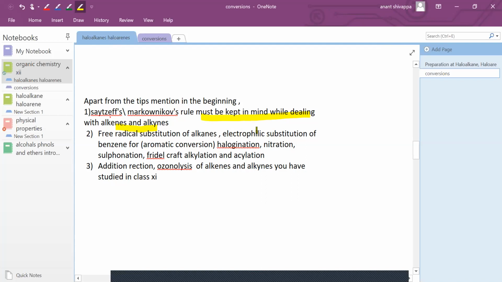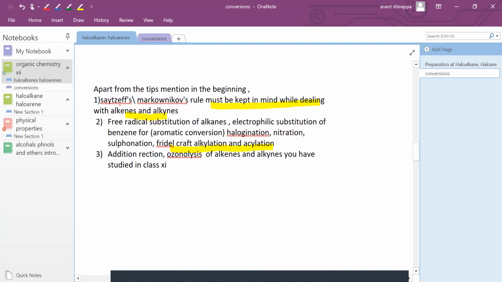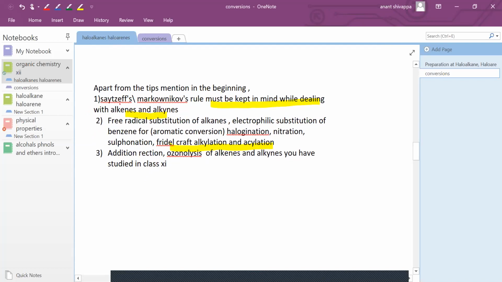If aromatic conversions are asked, then you know electrophilic substitution like halogenation, nitration, sulfonation, Friedel-Crafts alkylation and acylation, etc. And third, addition reactions of alkenes and alkynes, ozonolysis of alkenes and alkynes, which you have studied in class 11. So these are the things which you have to keep in your mind when you are dealing with conversions.